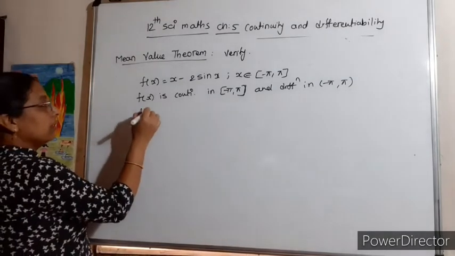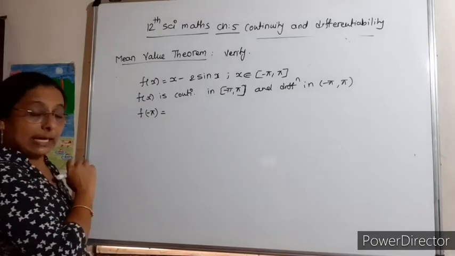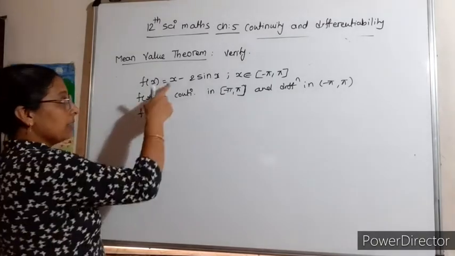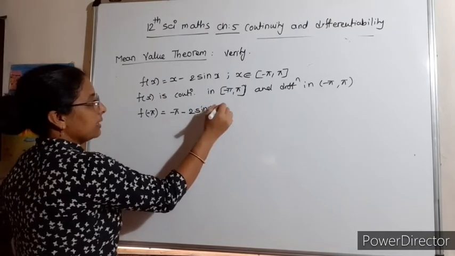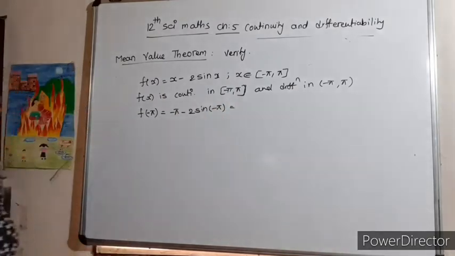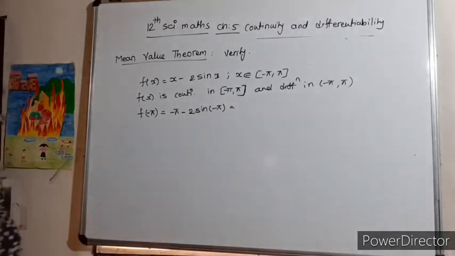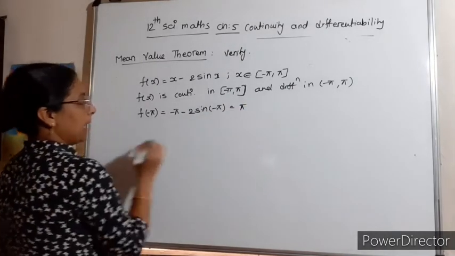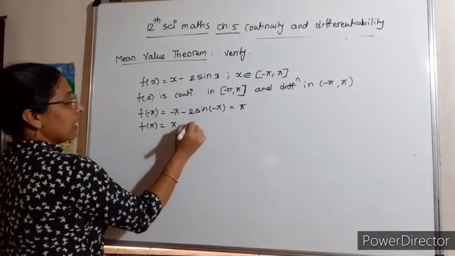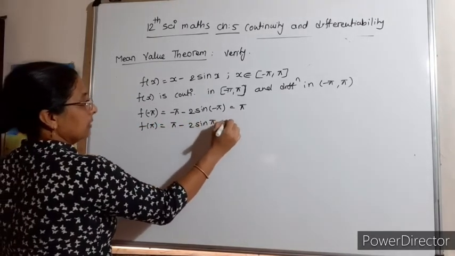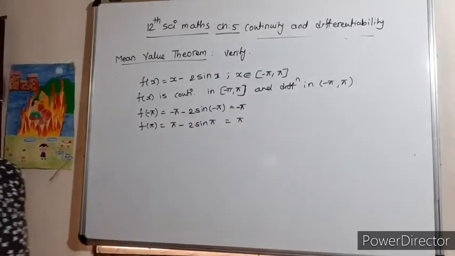Okay, then we will find f of a and f of b. So minus pi minus 2 sin minus pi. Sin pi is 0, so that becomes 0. So what is it? The value is minus pi. f of pi, pi minus 2 sin pi. Again it is minus pi for f of a and here it is pi.